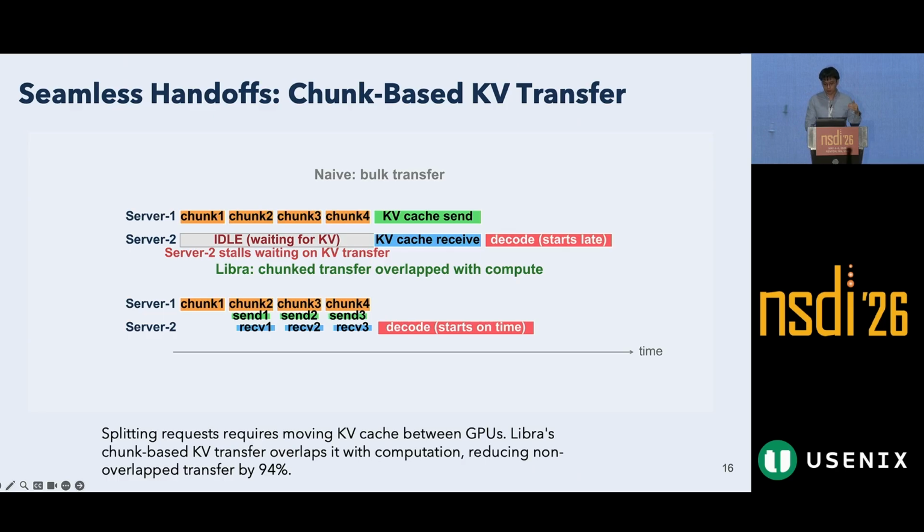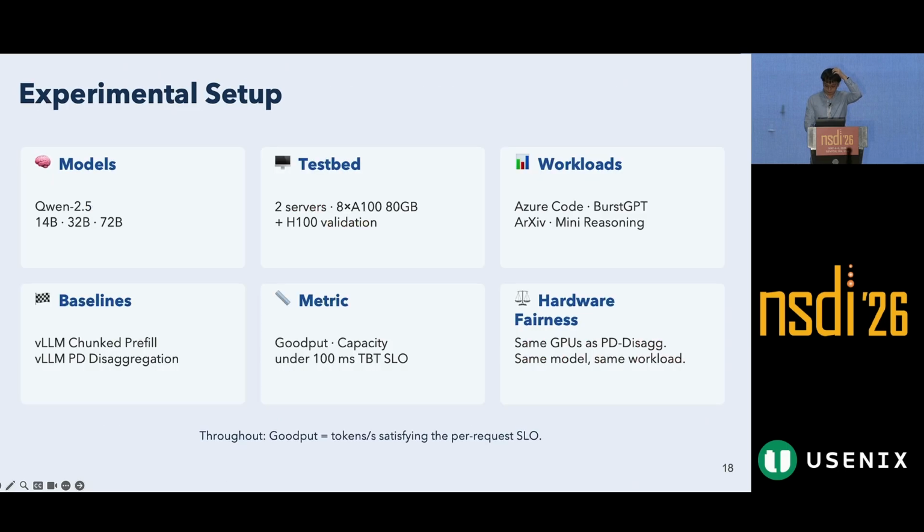Every prefill chunk ships as soon as it's done. While server 1 moves on to the next chunk, server 2 is already pulling in the previous one. So the transfer overlaps with compute, making 94% of the transfer overlapped.